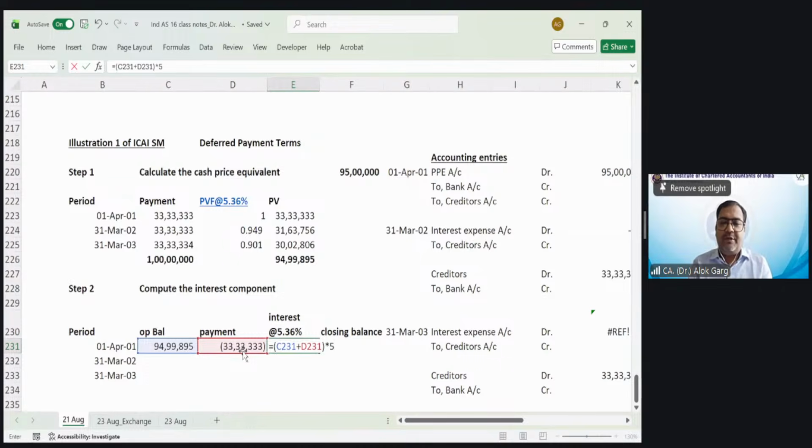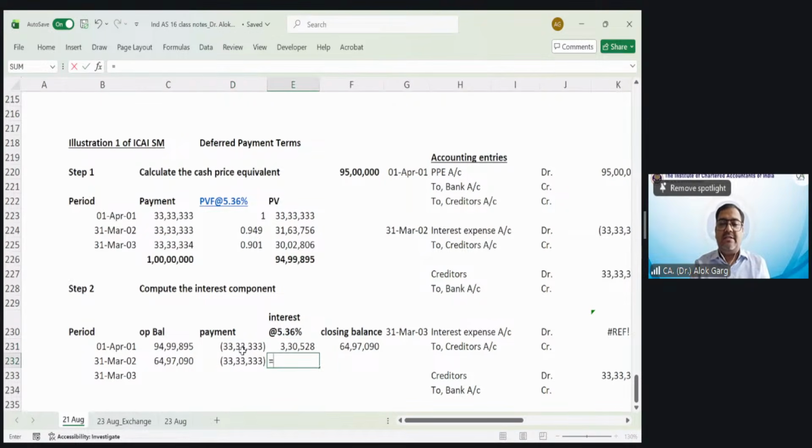Multiply by 5.36%, or if there is a challenge, let me complete this calculation. So 64,97,090 is my closing balance on 31st March 20x2, right? What I'll do, 64,97,090 is my balance, and I am paying 33,333 on 31st March 20x2.